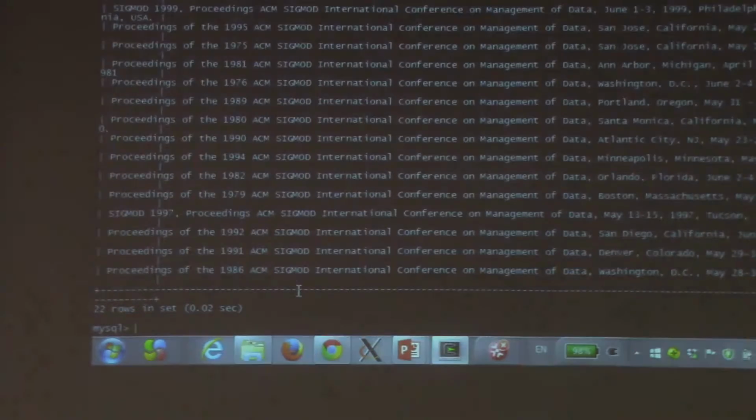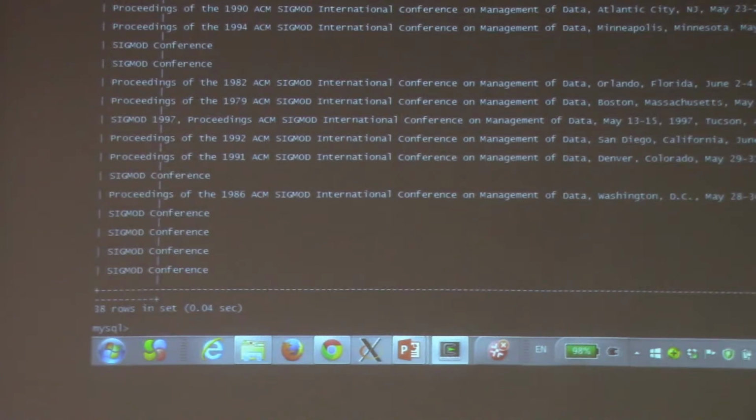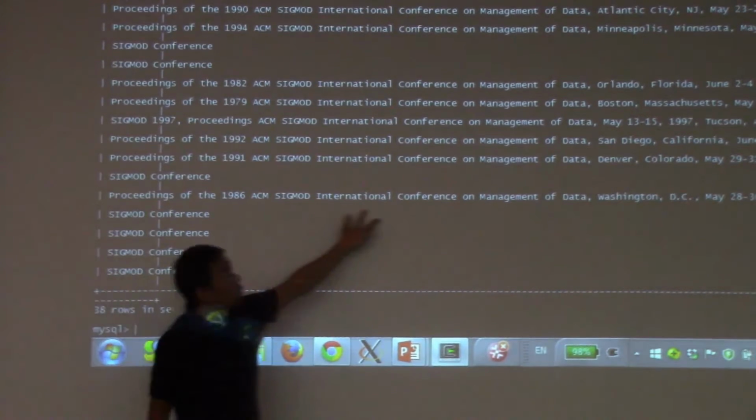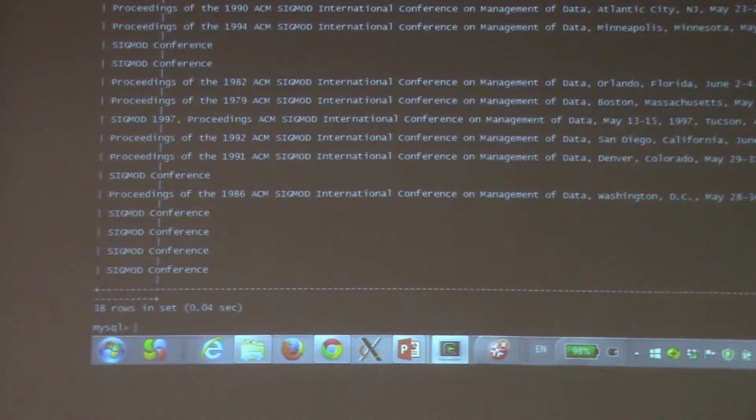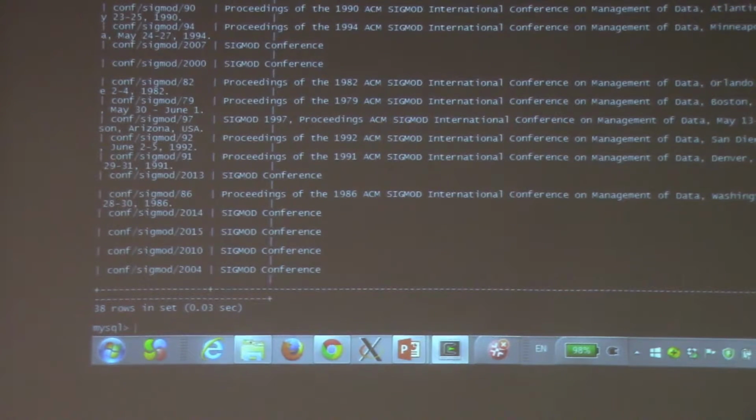So you can try a different trick, which is, okay, let's get rid of 'international'. See what we get. Now you get either Sigma conference or Sigma international conference. And if you put out also the conference key, let's say we only look at the conference key without the name.